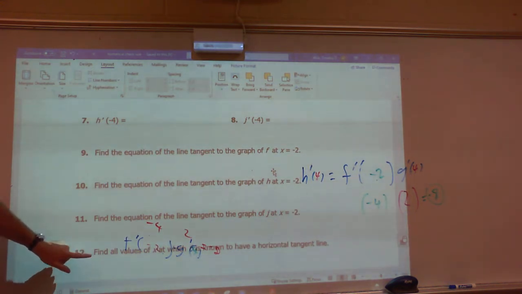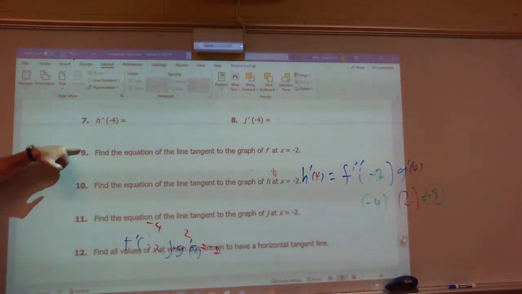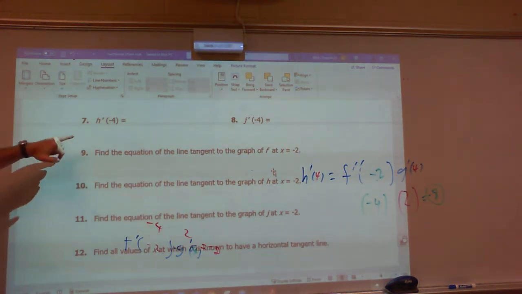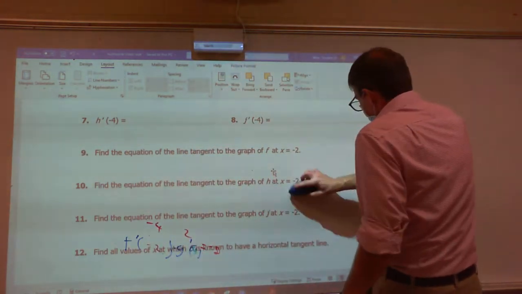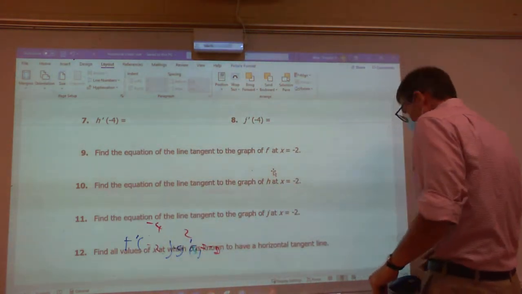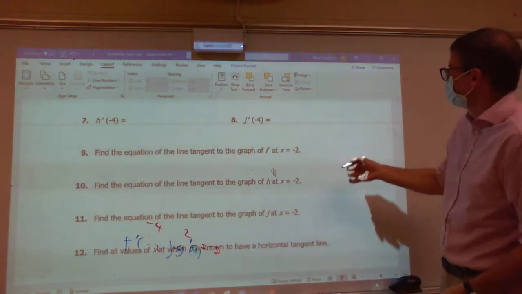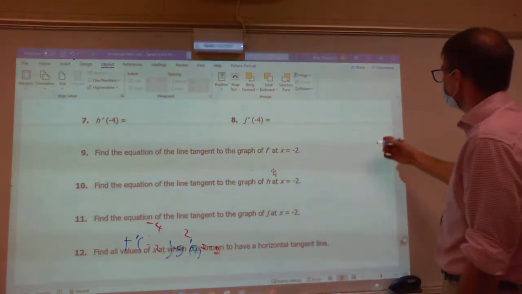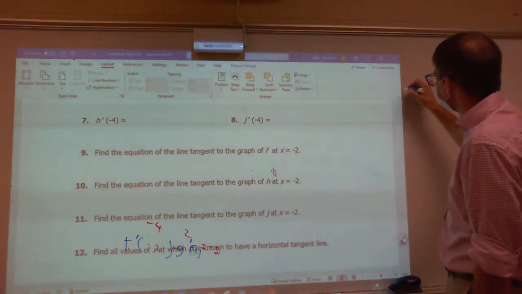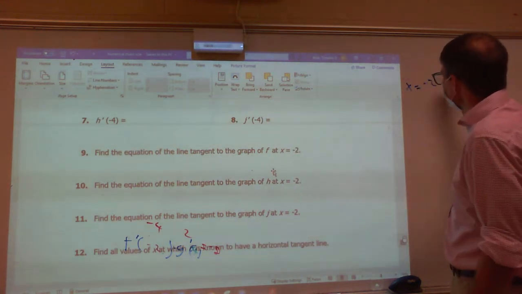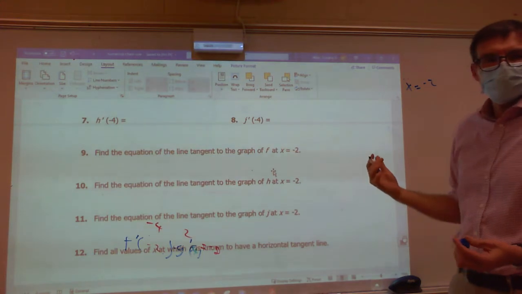This one's a harder question, so I want to talk about it, but I'm definitely going to talk about 9 and 12. So, how do you approach 9? It says, find the equation of the tangent line of f at x equals negative 2. So if x equals negative 2, how do we find an equation of a tangent line?